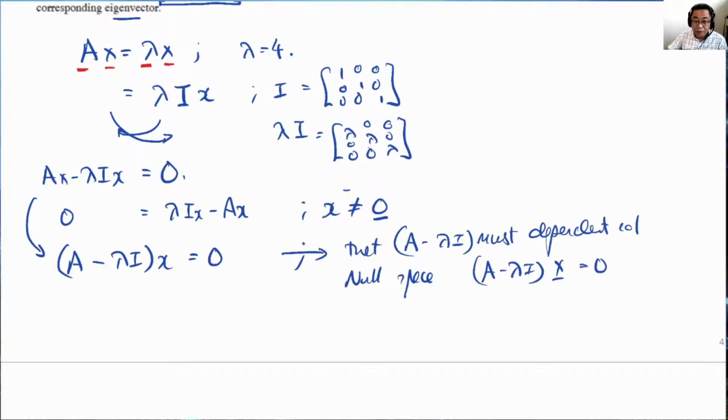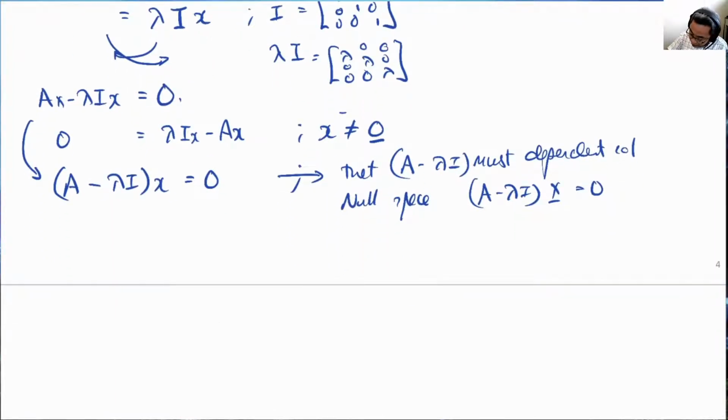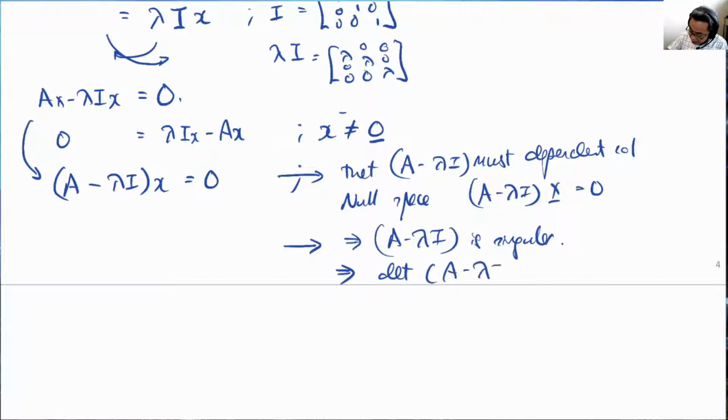The null space of this equation is the solution that we want, the eigenvector. When we say that A minus lambda I must have dependent columns, it implies that A minus lambda I is singular, meaning it's not invertible, and it also implies that the determinant of this matrix is 0.